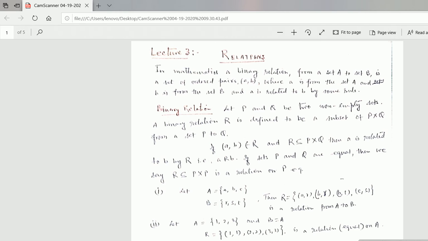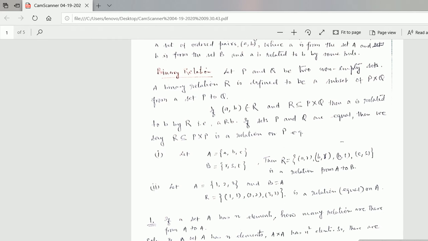A binary relation R is defined to be a subset of P cross Q, from a set P to Q. If (a, b) belongs to R, and R is a subset of P cross Q, then a is related to b by R, that is, a R b. This will be written and read as: a is related to b.